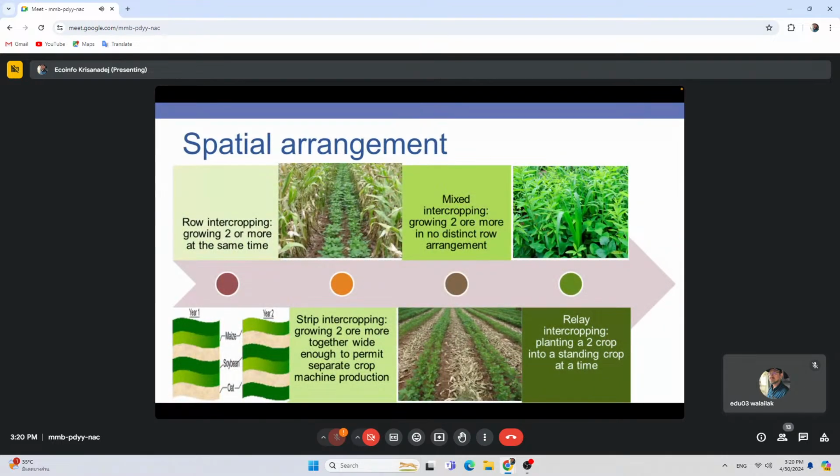These are four things for the arrangement. Row intercropping can grow two or more crops at the same time. You can do strip intercropping, growing two or more together, wide enough to permit machinery. If you are a rich farmer with a big piece of land, you will have a problem with few workers.